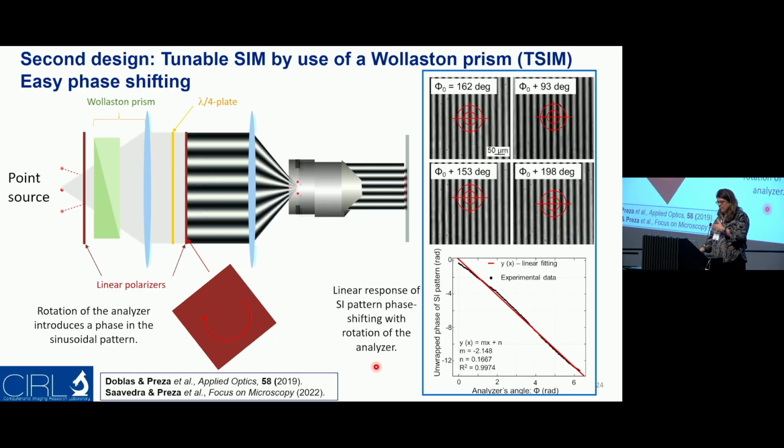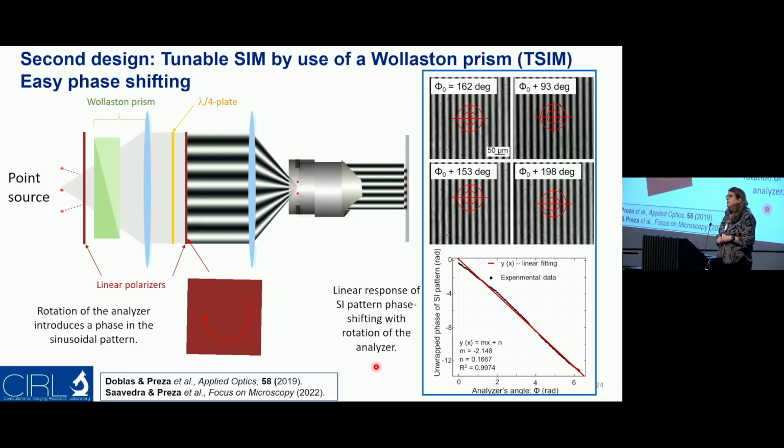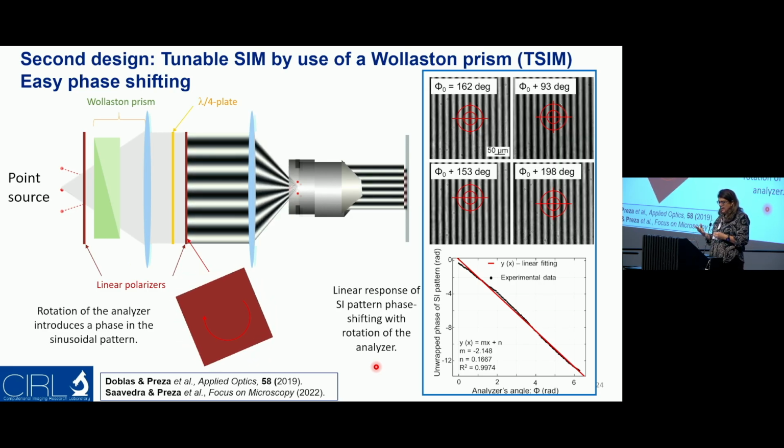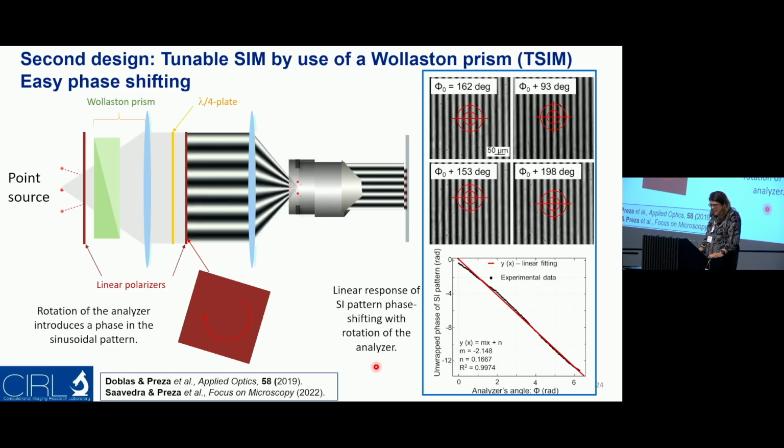And proof of concept experimental data shows that you can calibrate it once, you get a linear response of the structural illumination pattern phases with the rotation of the analyzer.